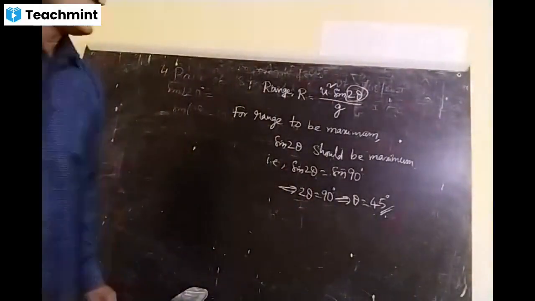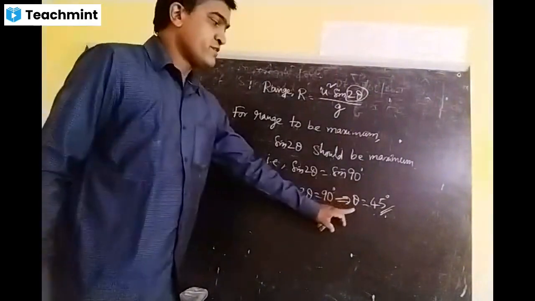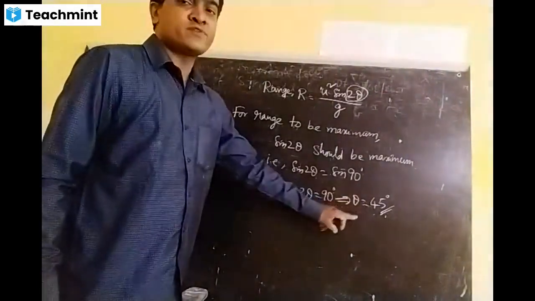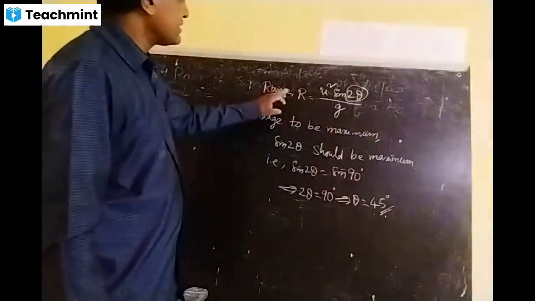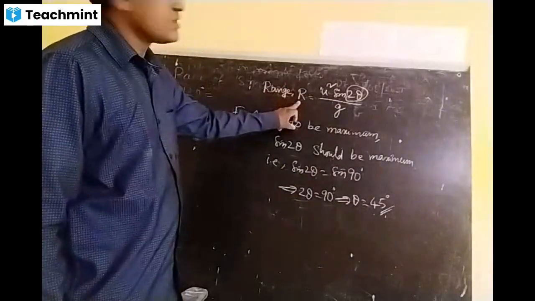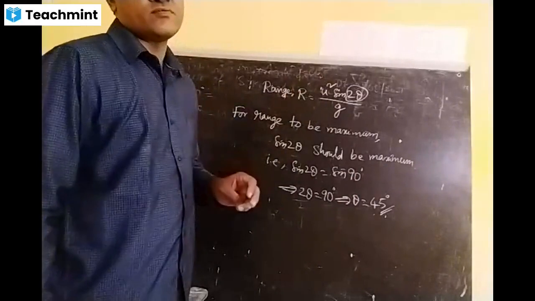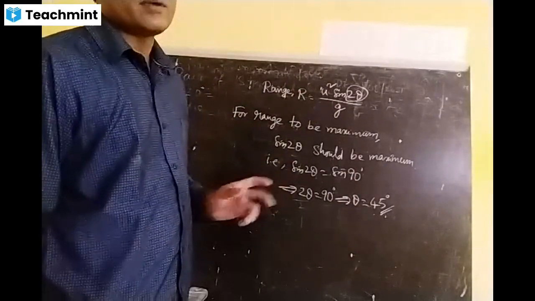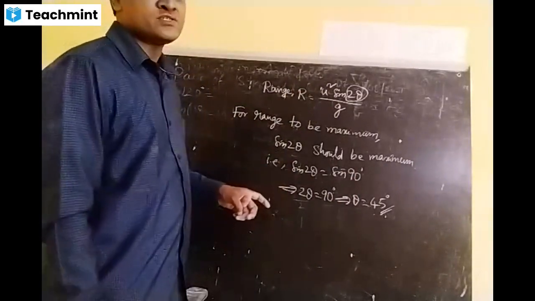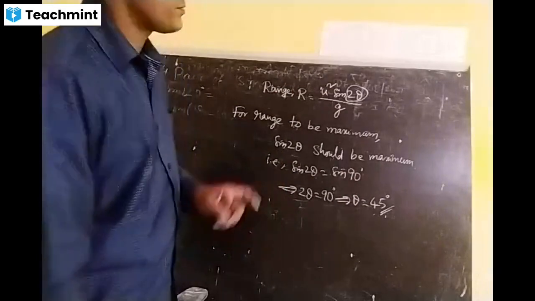Now if I put theta equal to 45 degrees in this equation, I will get the range value as maximum. The maximum value of range is U square by g. Why?